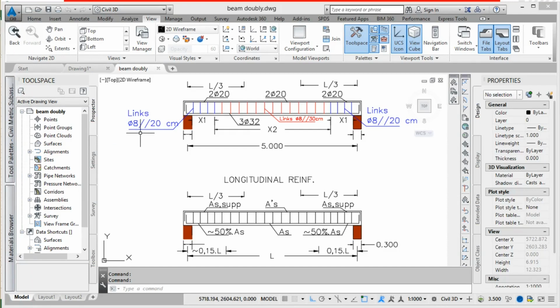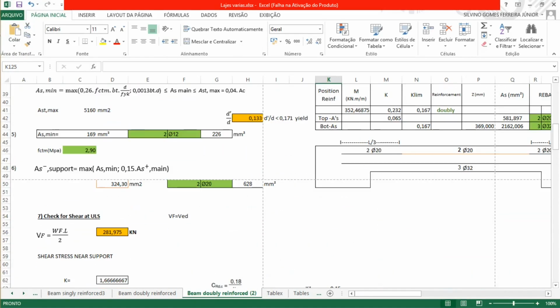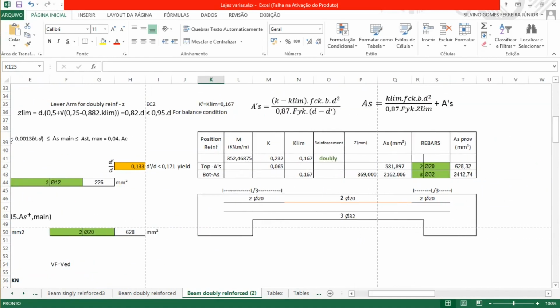We have the main reinforcement here on the bottom. That was 3 diameter of 32. You can see it here on the table that we calculated before. On the bottom, the main reinforcement 3.